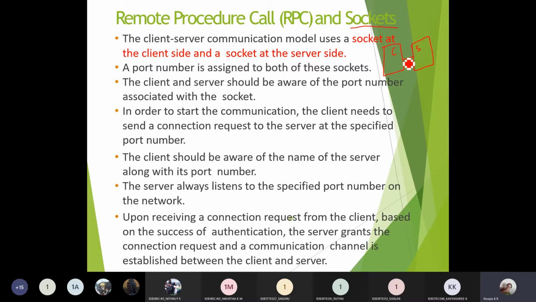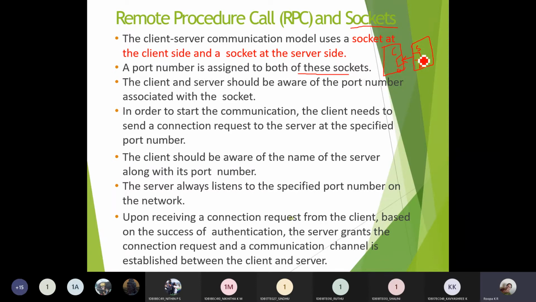If the server wants to send the data or information to the client, then that will be sent through the port itself. So first the port number should be assigned for both the sockets. From here, whatever information you are sending, the port should be assigned with its own address, with a client address for this port, with a server address for this port.